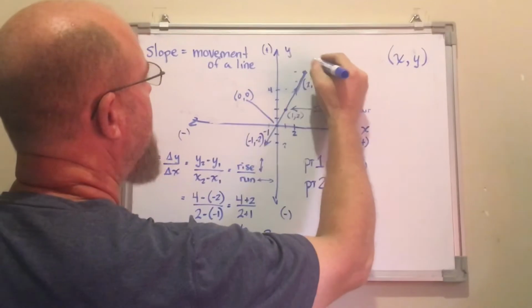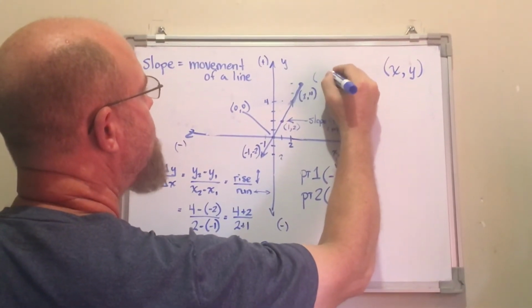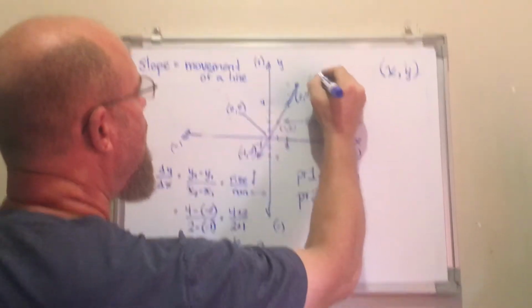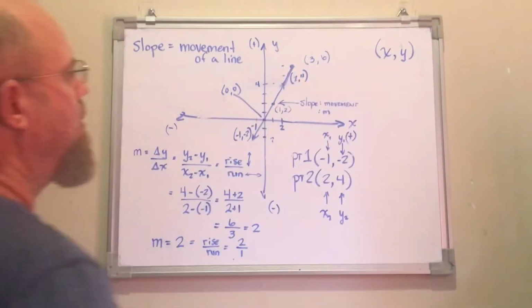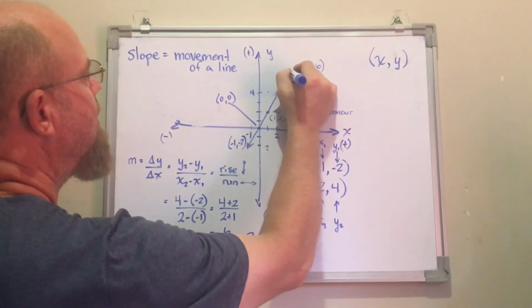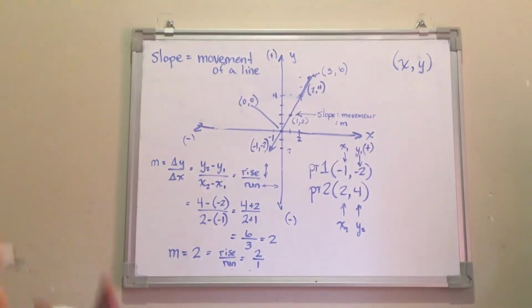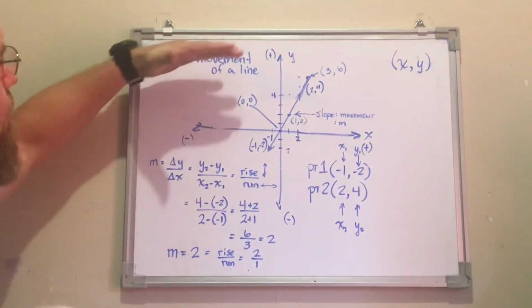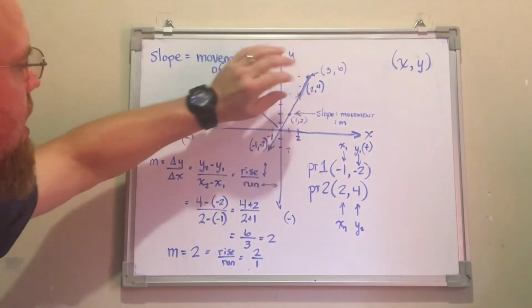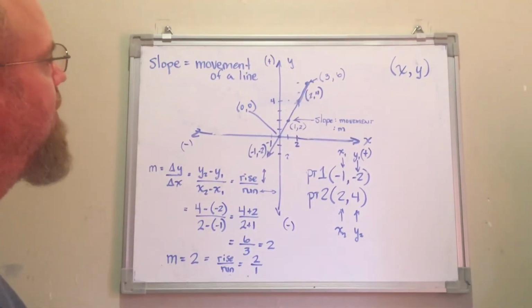Right? And if I went up 2, the value of y goes up 2. And if I go over 1, the value of x goes up 1. All right? So that point right there is 3, 6. Okay? So this is just a review of what we went over before, the Cartesian plane, points, connecting points with the line, and looking at the movement of that line.